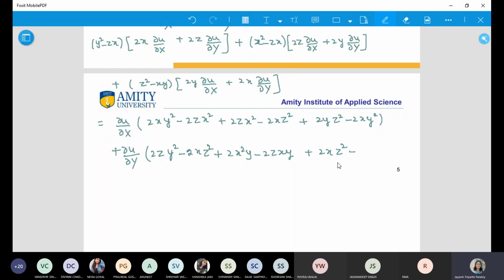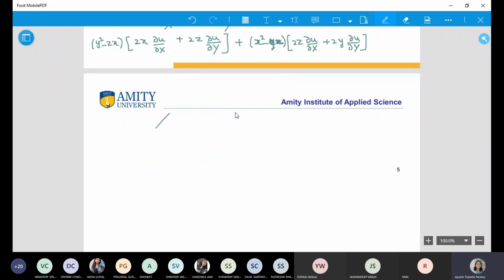Something is missing. Just check. It should be x square minus yz. There is a mistake. This is x square minus yz. That means I have committed some mistake or what? Xy square.